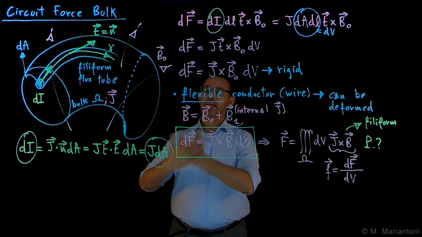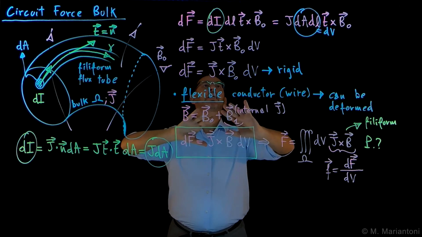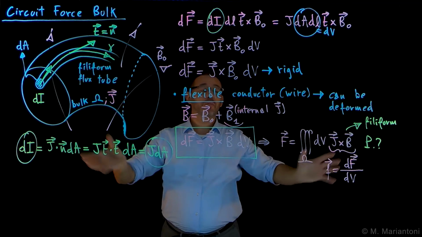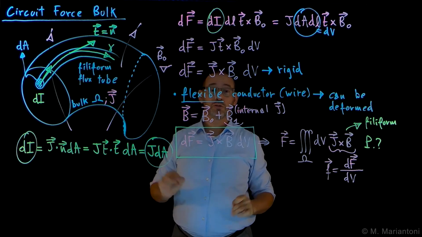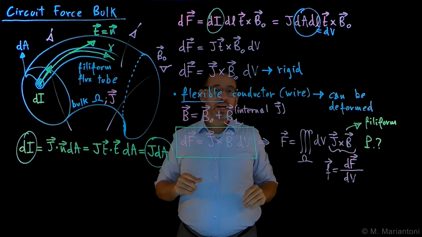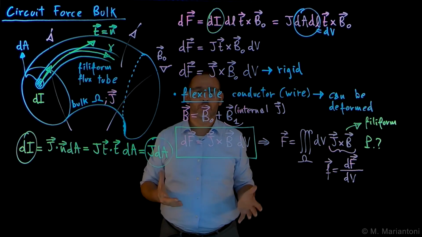Once you understand that, you use the definition of filiform flux tube for steady currents, which is what we are considering here, and we generalize the force we found in the previous video to this very general case, which applies in particular also to flexible conductors. But again, in this course, we will never consider really flexible conductors, and at most we'll consider filiform conductors, as in the example we're about to do. That's it.